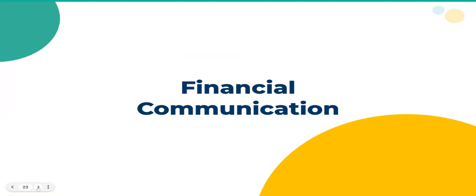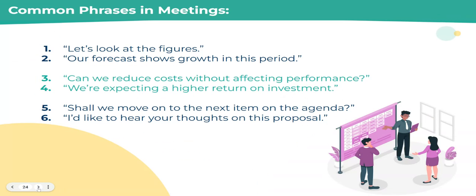Okay, well, let's move into the final part of our lesson today, which is all about financial communication. So we've got some common phrases in business meetings here. So have a listen to these as I read through our common phrases. Number 1, let's look at the figures. Number 2, our forecast shows growth in this period.